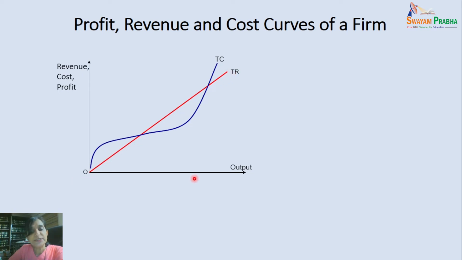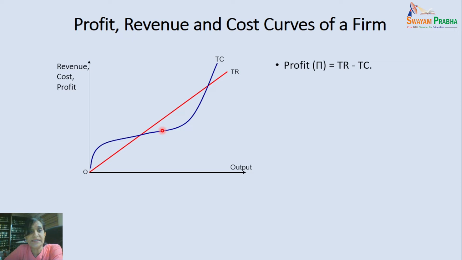As your output is increasing, your total revenue is increasing. Similarly, the total cost curve, if you remember, we had said it is something like an inverted S, right? So total revenue and total cost, both of these are going to derive our profit curve. So the difference between total revenue and total cost is the profit. Now we will see it graphically.